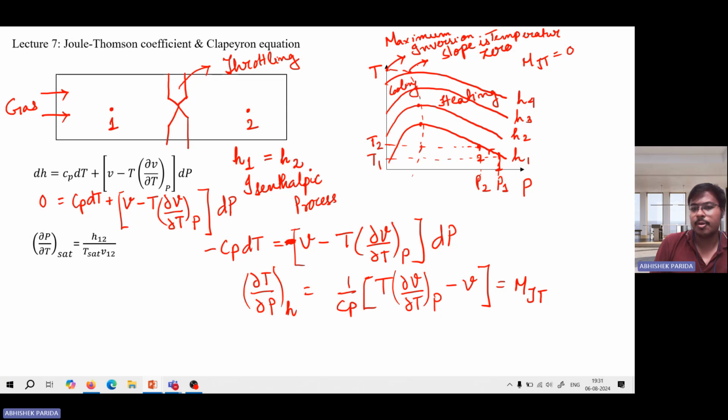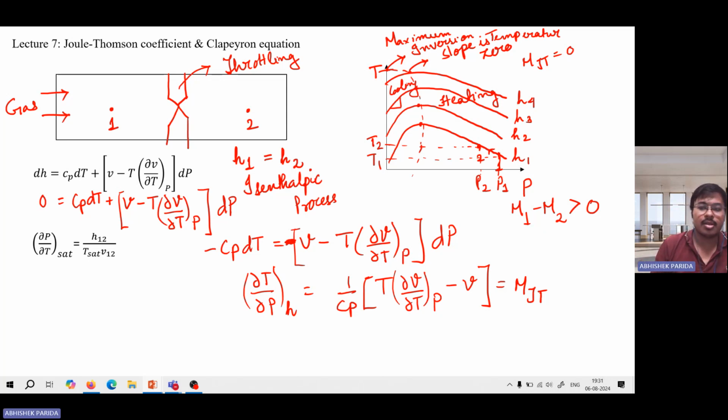So for any gas to be used as a refrigerant, it should give a cooling effect. That means it has to operate from below the maximum inversion temperature, and whenever mu j_t, let us say mu1 minus mu2, is positive, is greater than 0, then only T1 minus T2 is positive.